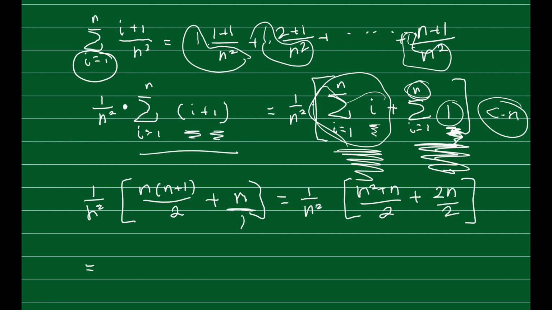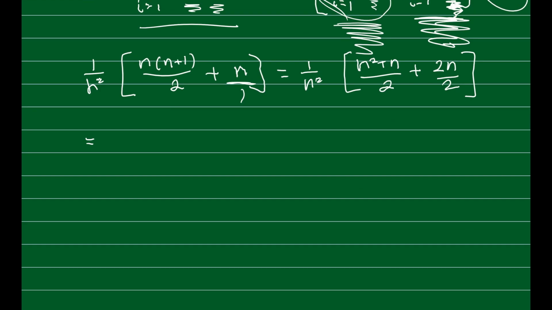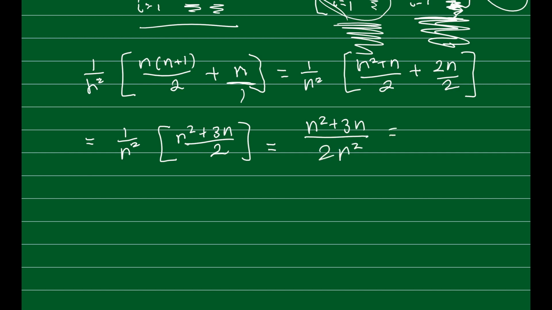And this becomes 1 over n squared times n squared plus n plus 2n, which is n squared plus 3n over 2. All right, and this is equal to n squared plus 3n all over 2n squared. And we can simplify the n that they have in common. So this is equal to n plus 3 over 2n.